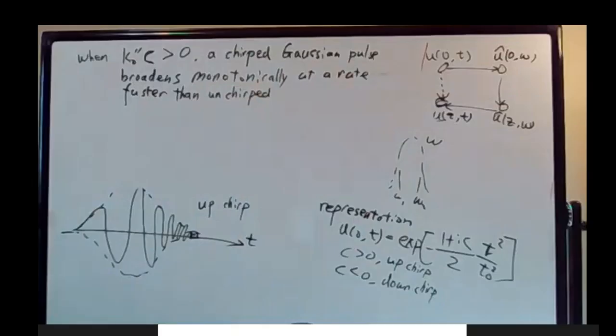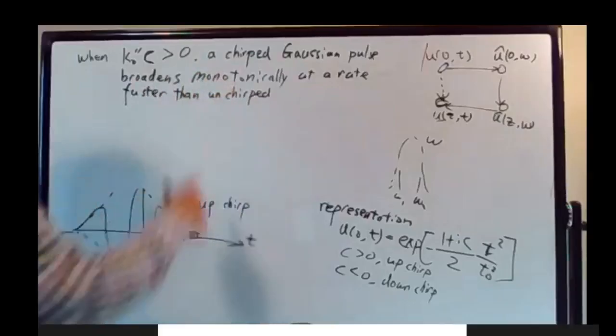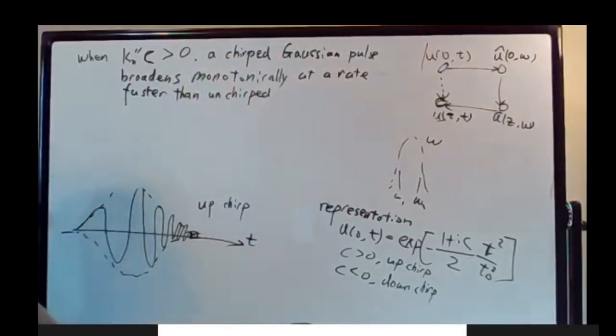So when k0 double prime and C are in the same dispersion category, a chirped Gaussian pulse broadens monotonically at a rate faster than unchirped.